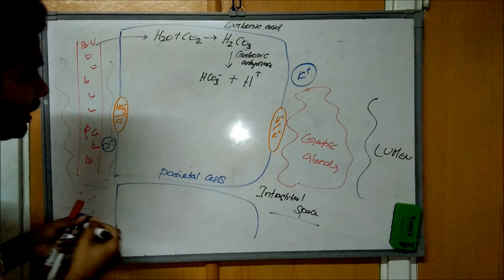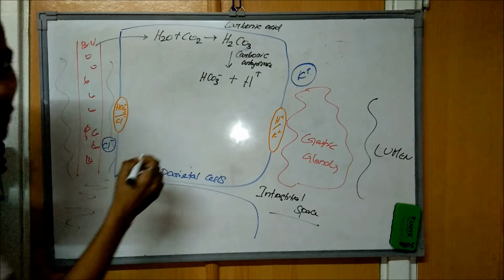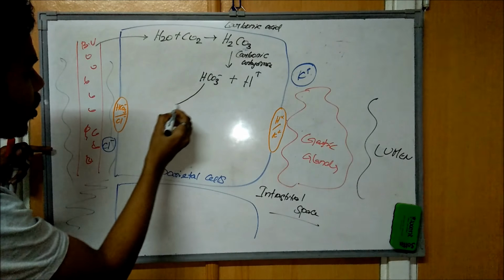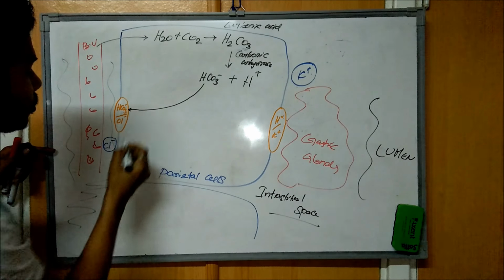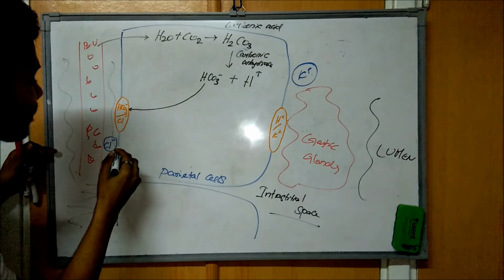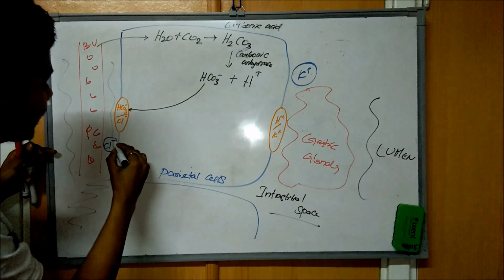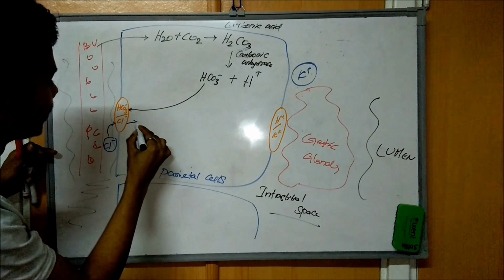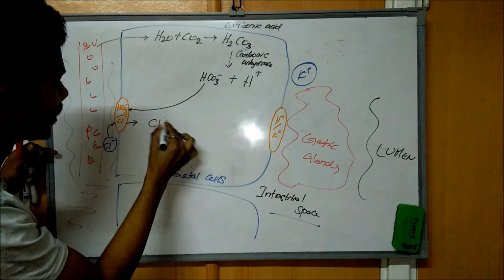So this hydrogen carbonate will go out through the hydrogen carbonate chloride antiporter, and then this chloride ion through this antiporter will enter into the cell.